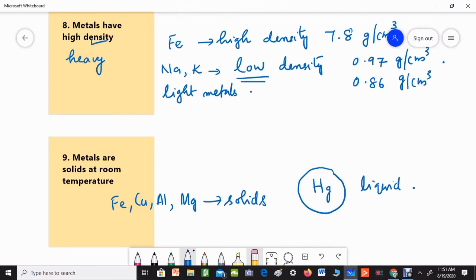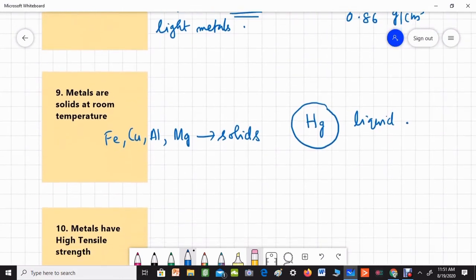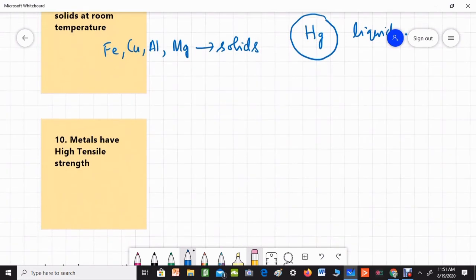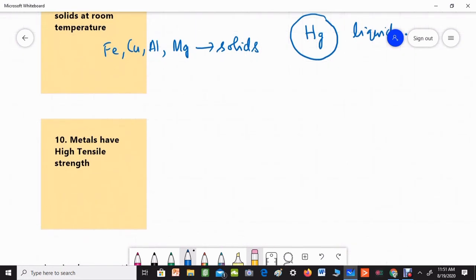Usually metals will have high tensile strength. What is tensile strength? Metals can hold a large weight without breaking.